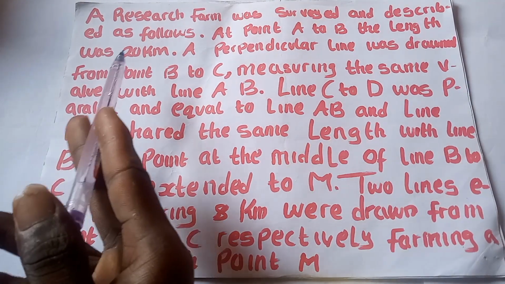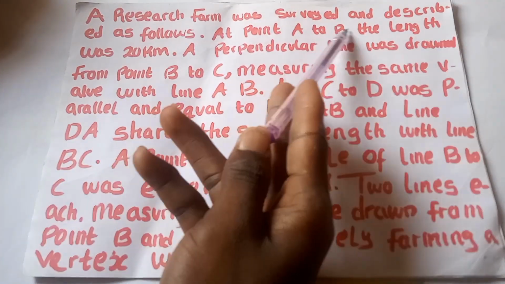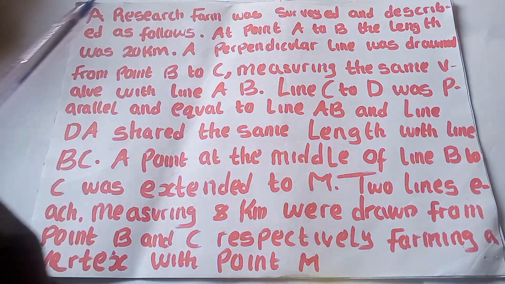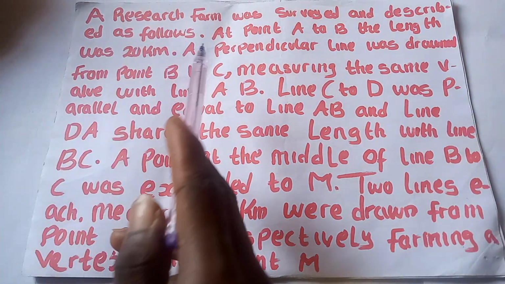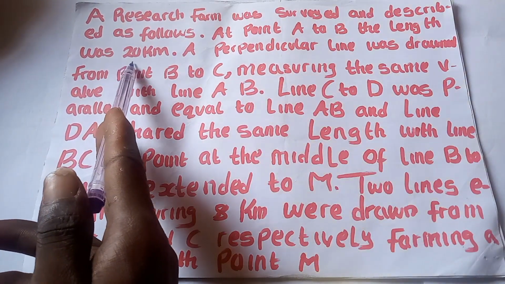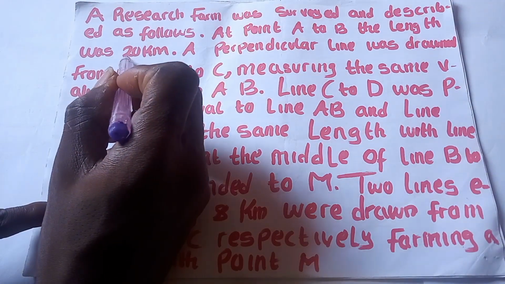The question goes thus: a research farm was surveyed and described as follows. Now, please, I want you to pay attention. At point A to B, the length was 20 kilometers. Now, let me start by noting my parameters.